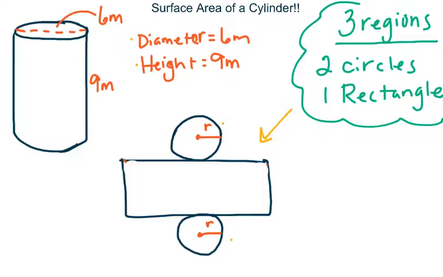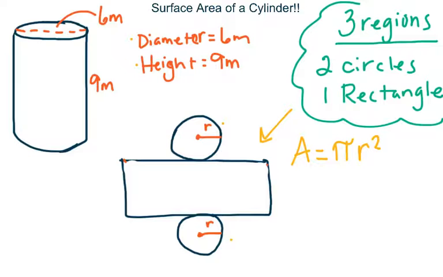Now it's going to be a lot of the same information repeated over and over again, so you want to make sure that you're being really, really organized. So we have 2 circles, and the area of our circles is pi times the radius squared. Remember, radius squared is radius times itself.